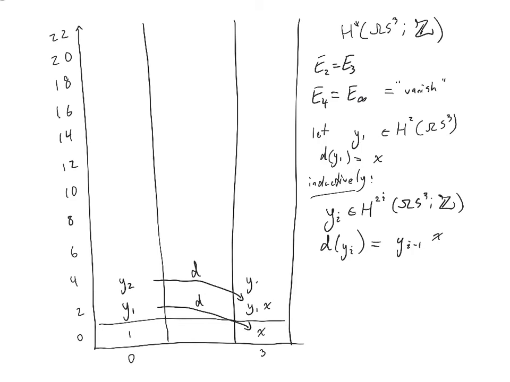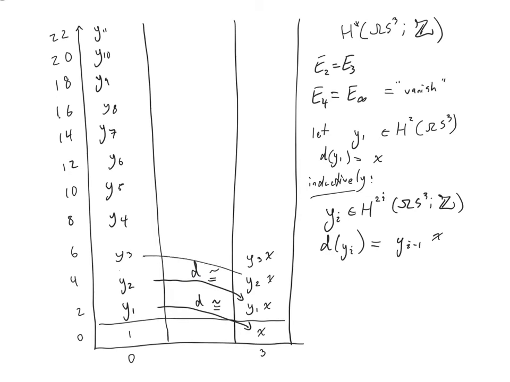So you end up with y2x, y3x, y3, y4. Let me write these a little bit farther apart: y5, y6, y7, y8, y9, and these differentials are all isomorphisms between copies of Z.